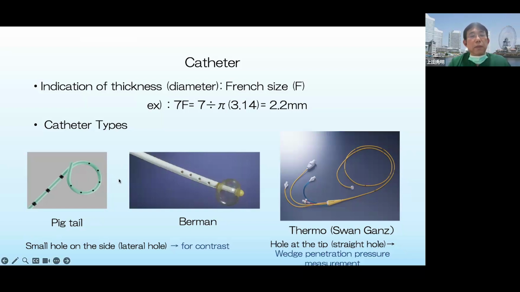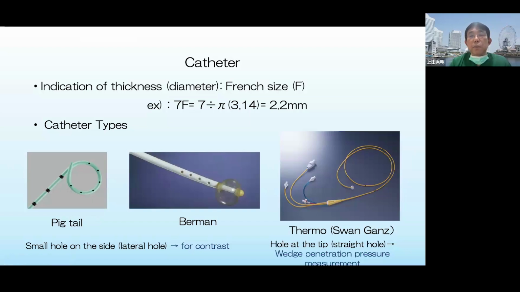There are several types of catheters. The most famous one is something like the pigtail, or maybe you can imagine the Swan-Ganz catheters. But today, I would like to talk about the Berman catheters, which have a very small hole on the side, which means the lateral holes are open for the contrast.